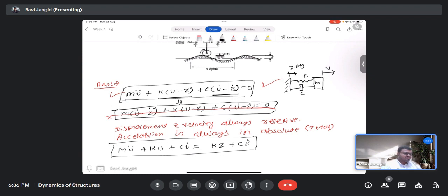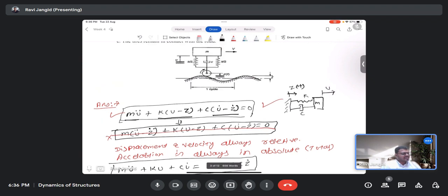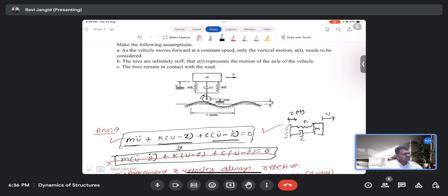You can consider z(t) as z naught sine omega t, because it's a sinusoidal function. Z naught is not given to you. So sine omega t, and omega we will calculate whenever it is required.